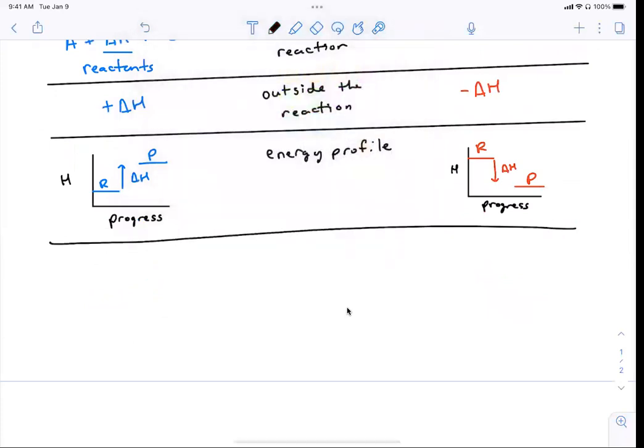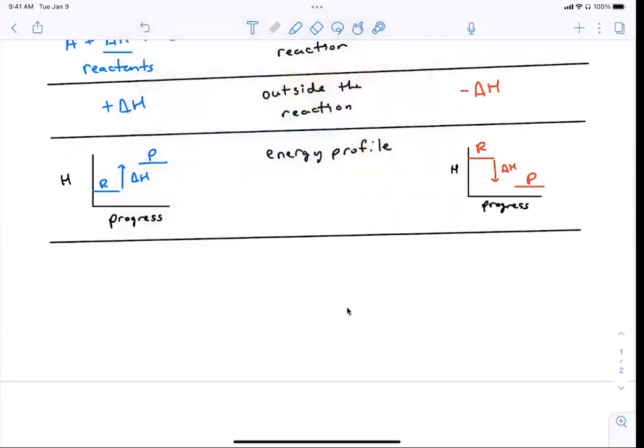Based on this diagram, you can say which side has more energy. In the endothermic reaction, the products have more energy than the reactants because the reactants had to absorb energy to reach that.